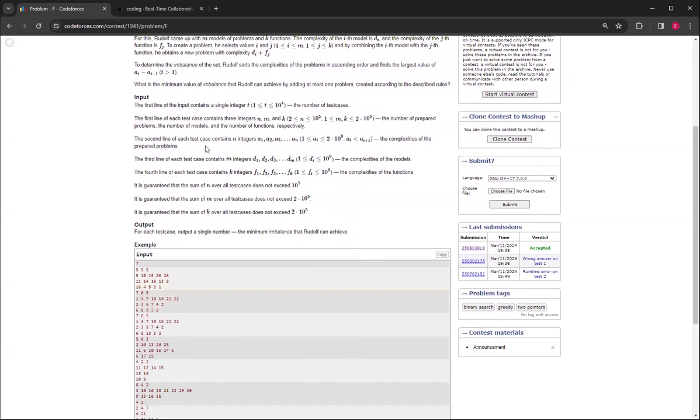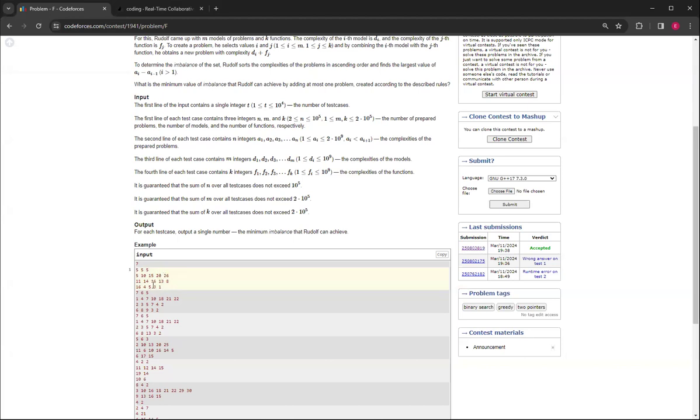If we look at this example, 5, 10, 15, 20, 26, and there are these models and functions, there are gaps of 5, 5, 5, and 6. Obviously you want to fix the largest gap first, so you try looking for a gap that fits.